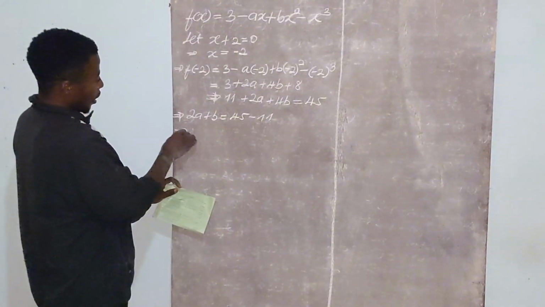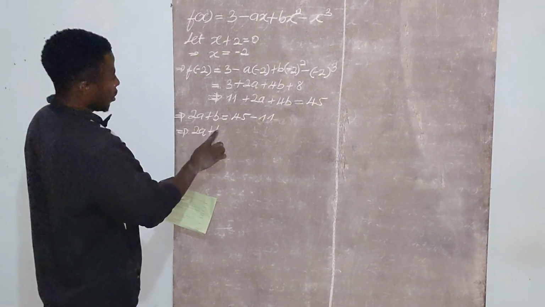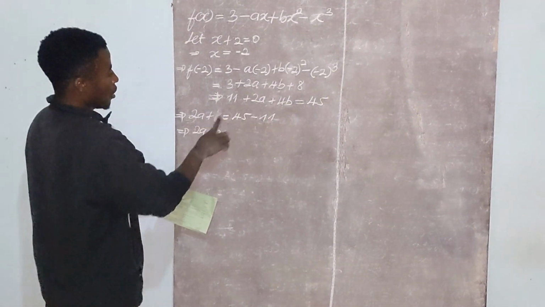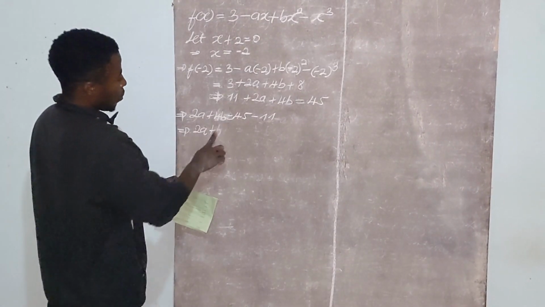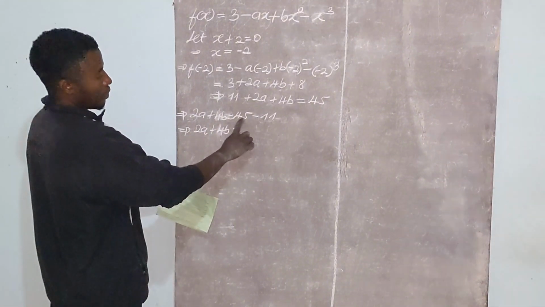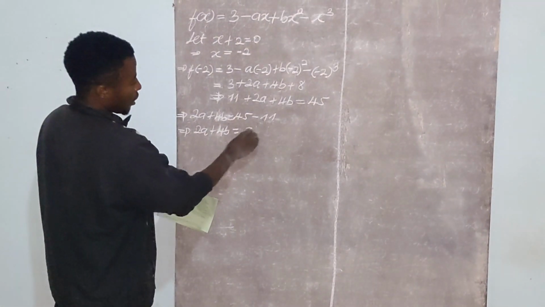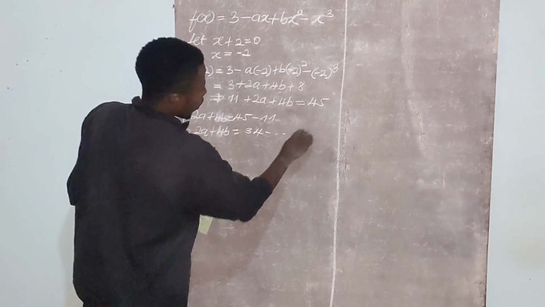So this implies 2a plus 4b is equal to 45 minus 11, which gives 34. This is the first equation, equation 1.